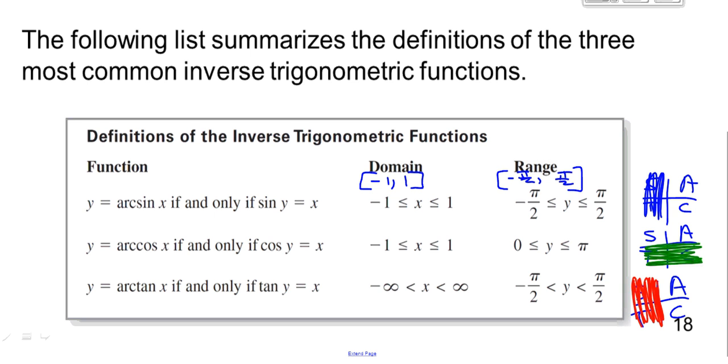So the range for arc cosine is 0 to pi, including those. The range for arc tangent is negative pi over 2 to pi over 2, and it's not including those, just to be aware of that as we go.